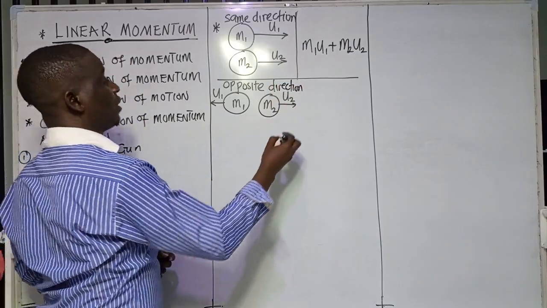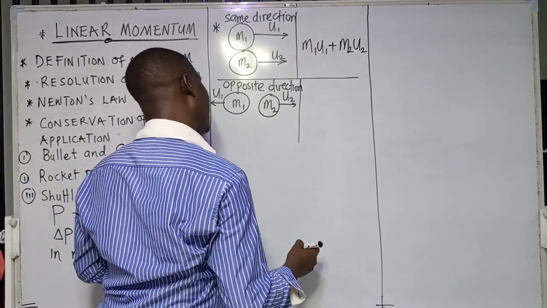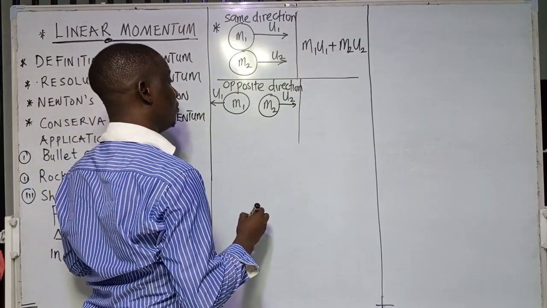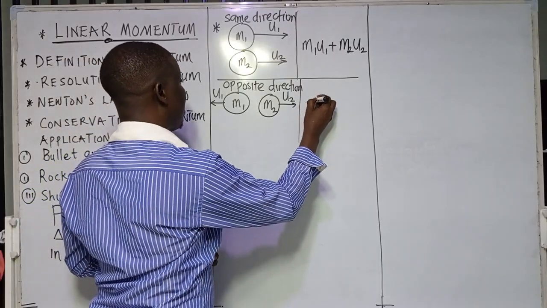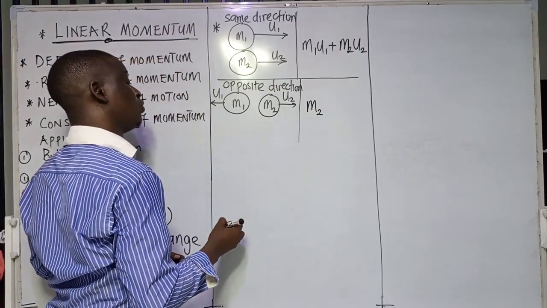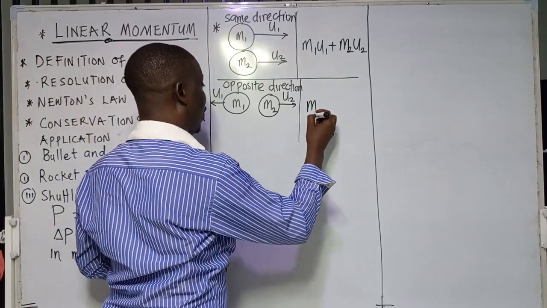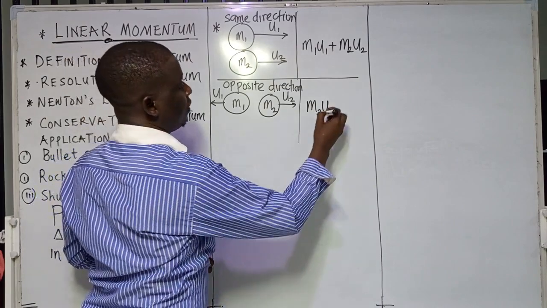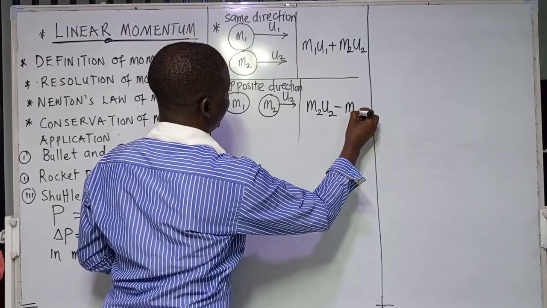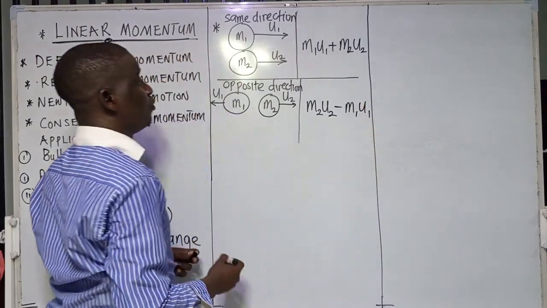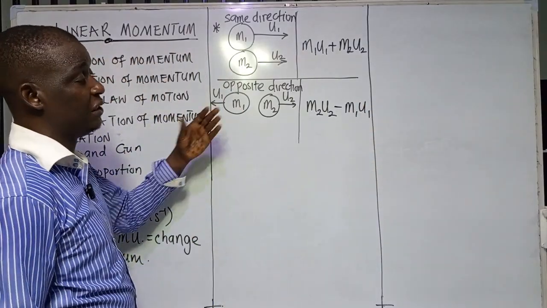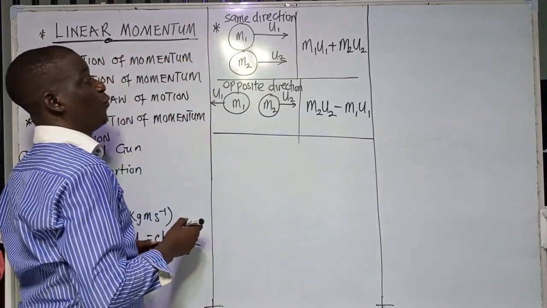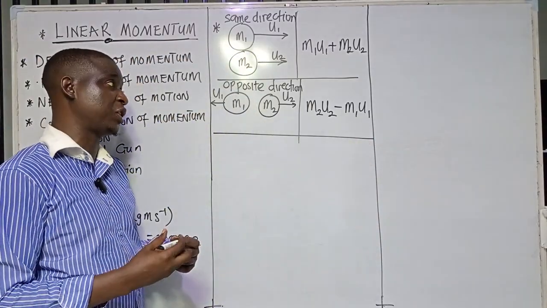If you are looking at opposite direction, let's assume that m2 has a higher momentum in magnitude than m1u1. So we are going to have m2u2 minus m1u1. I'm using u now, we can decide to use v, it does not matter. So this will be the case if they are moving in opposite directions.